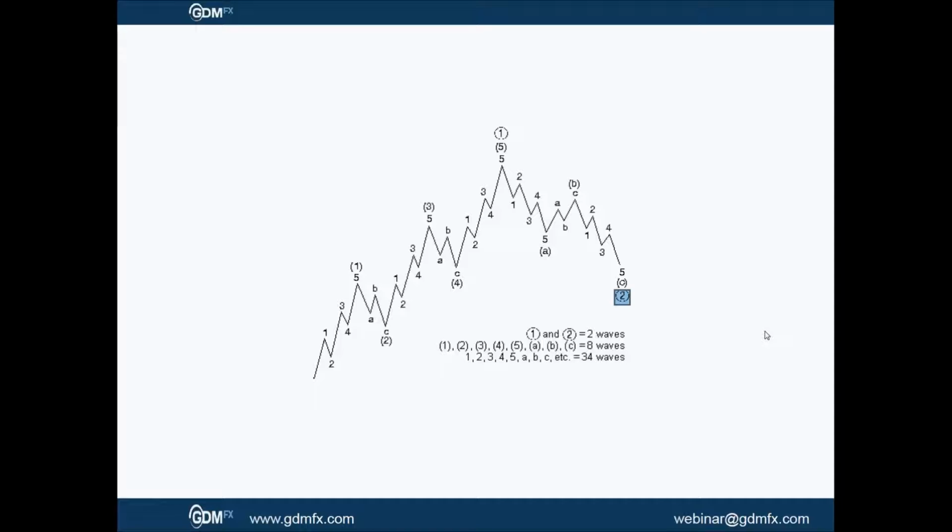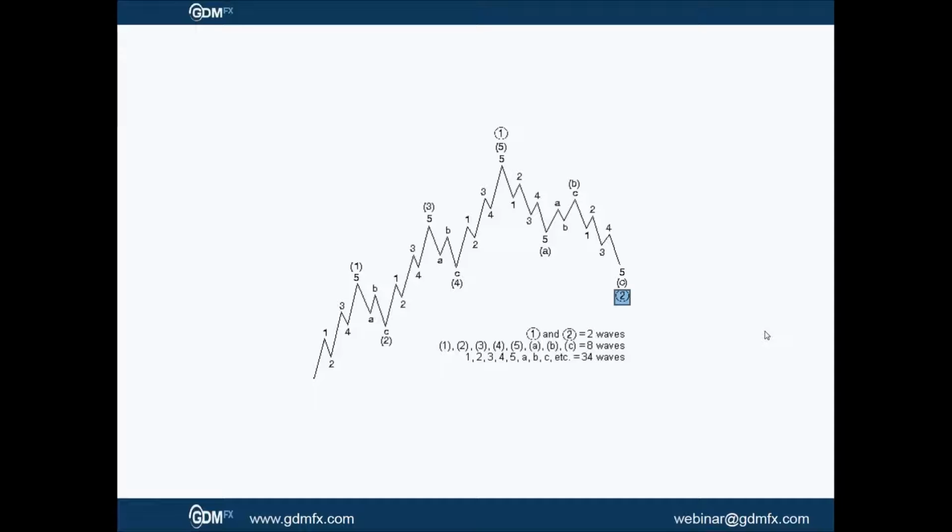Now let's take a look at the wave degree. All waves may be categorized by relative size or degree. Elliott recognized 9 degrees of waves, from the smallest on an hourly chart to the largest wave he would assume exists from the data then available, which is on the monthly chart.